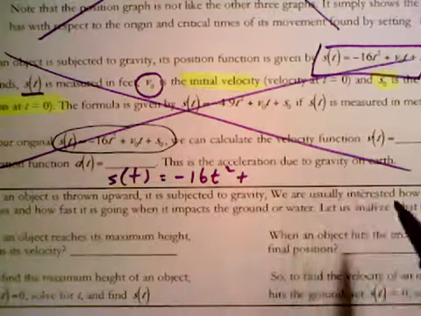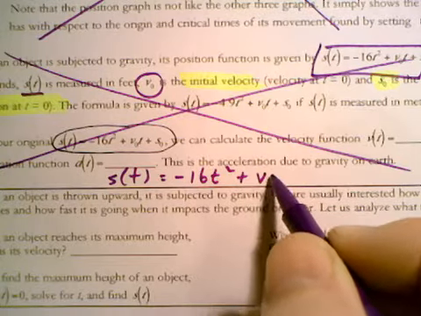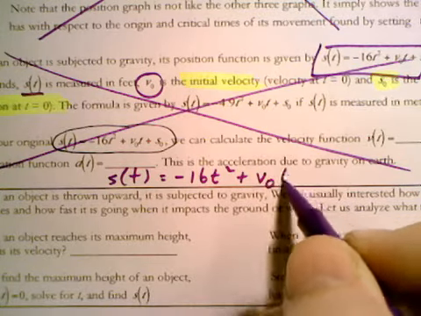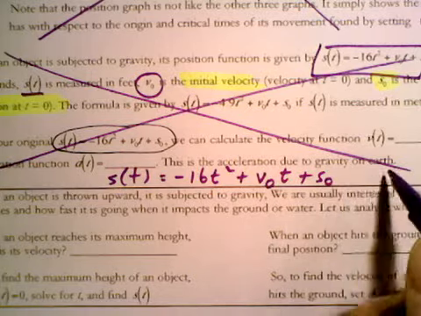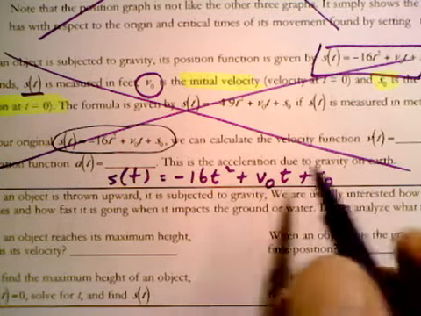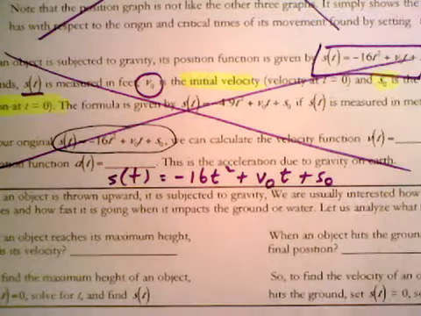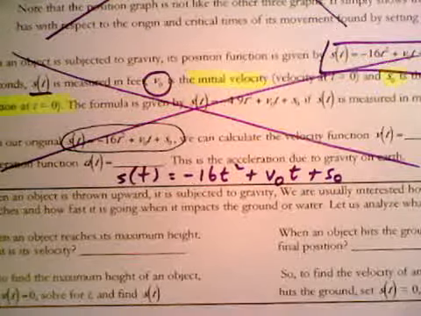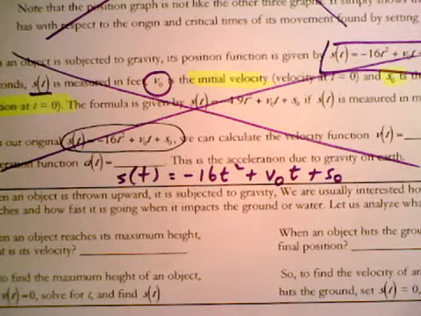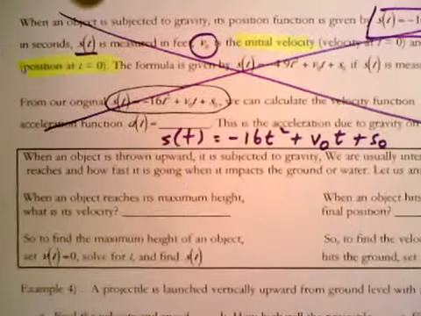And we've done this before. In fact, we just did this. Add to that v sub 0 times t plus s of 0. And again, v sub 0 is the initial velocity and s of 0 is the initial position, or the initial height. Okay, and so let's go ahead and look at this box right here.